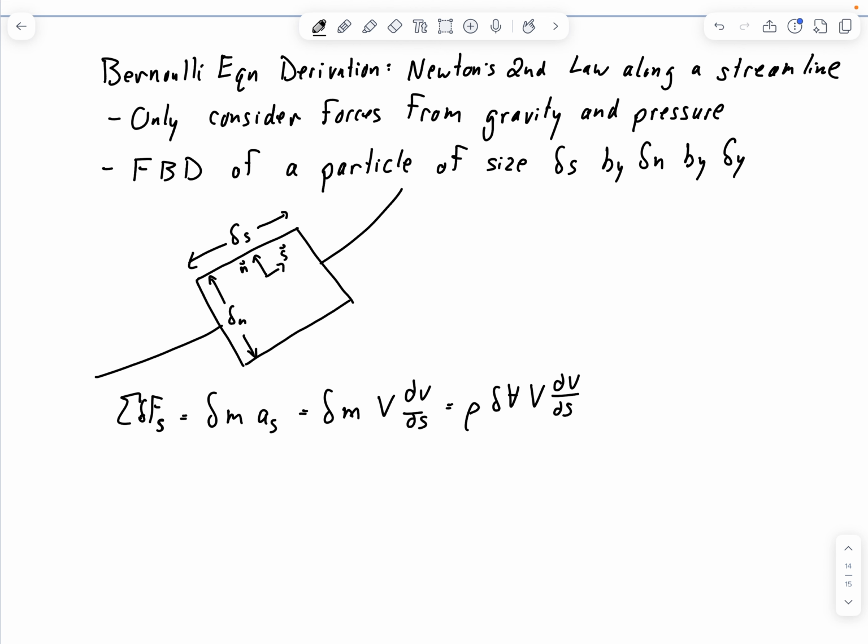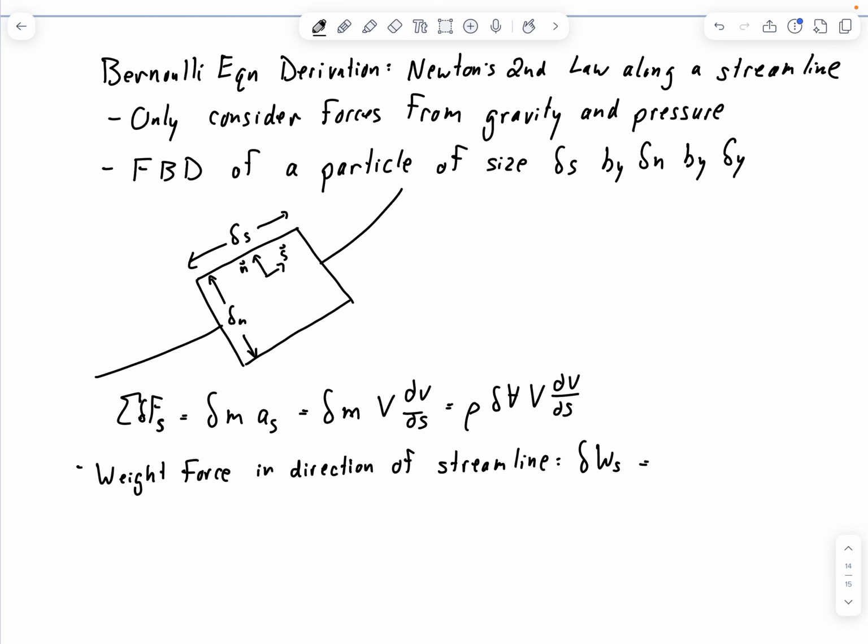So now we need to consider the different forces that are acting on our fluid particle. So first off, we can consider the weight force in the direction of the streamline. And we'll call that delta WS.